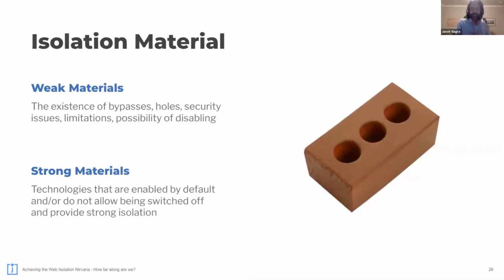The second thing that you need to keep in mind is the isolation material. The stronger a material is, of course, the more resilient your web app will be, but drilling holes into even strong materials weakens them. And you start to see hints back to the story that Pedro began with. iframe, CSP, mechanisms that we use to do web isolation are weakened because we have to poke holes in them to get what we want done.